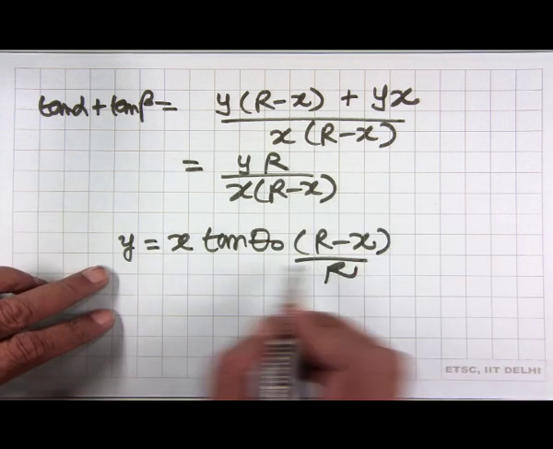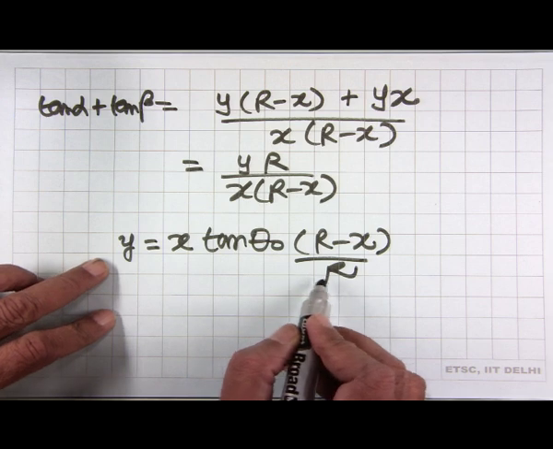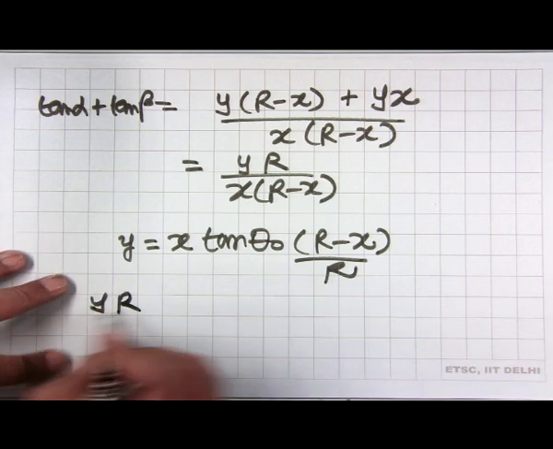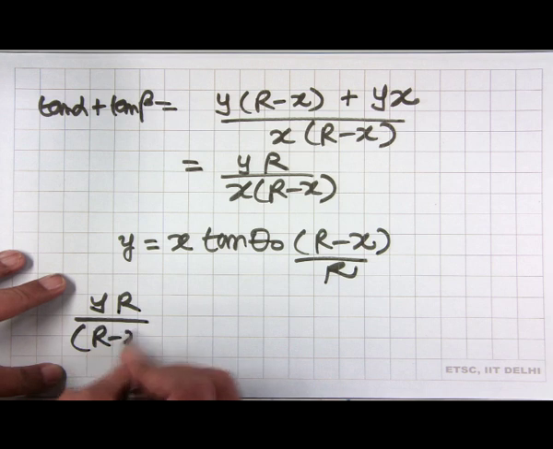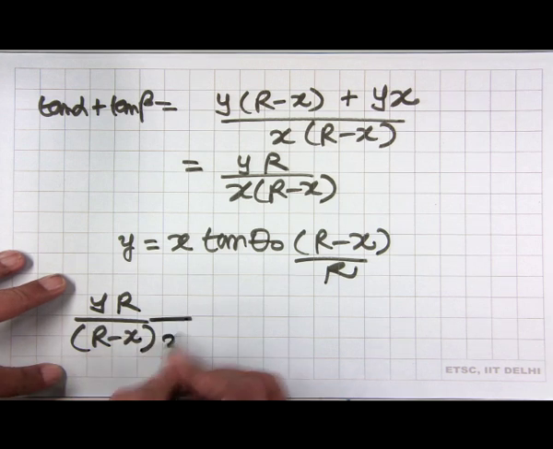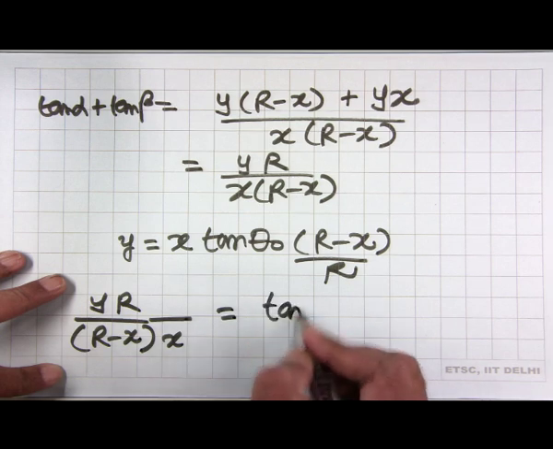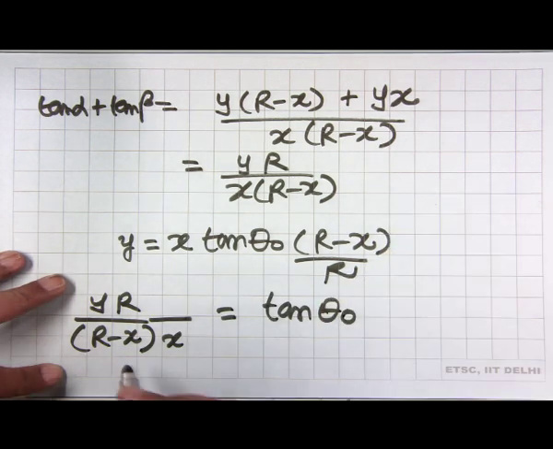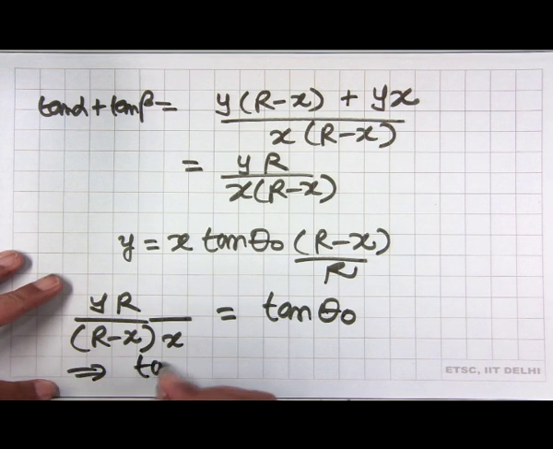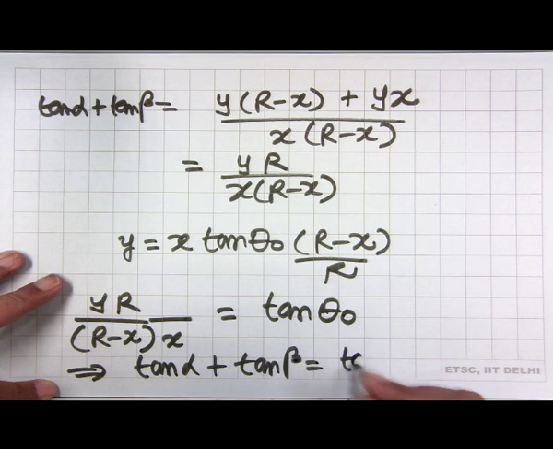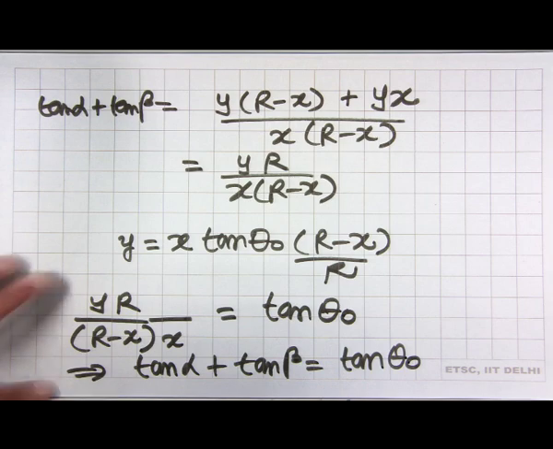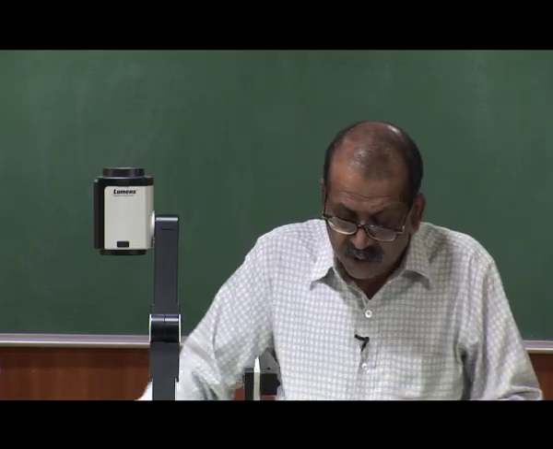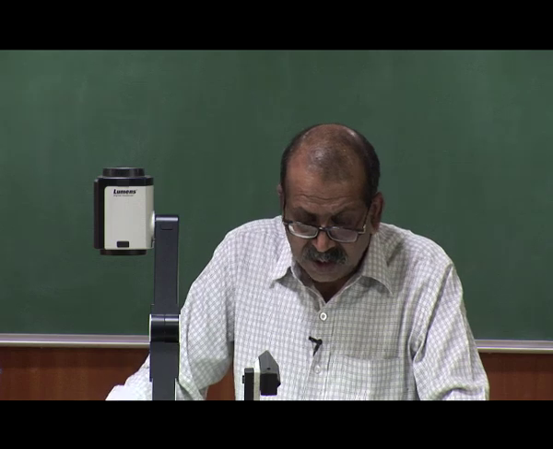So, therefore, y times r by r minus x times x is equal to tangent of theta 0. So, this will imply tangent alpha plus tangent beta is equal to tangent of theta 0. So, therefore, a problem like this can be easily solved.